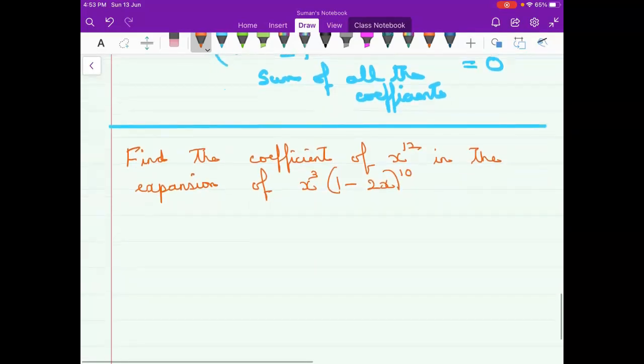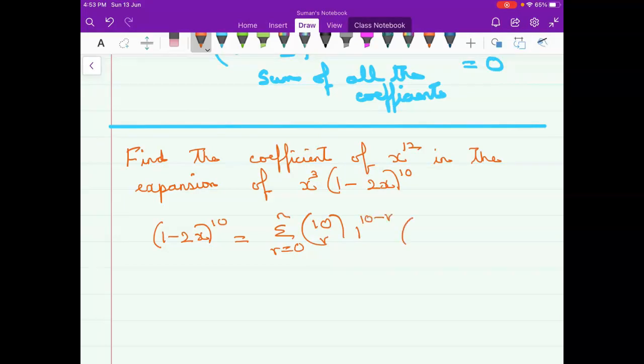So first we would take the binomial expansion of 1 minus 2x raised to 10, and using the formula it is summation r taking value 0 to n, 10CR 1 raised to 10 minus r, minus 2x raised to r. So that would give you summation r taking value 0 to n, 10CR, minus 2 raised to r, x raised to r.